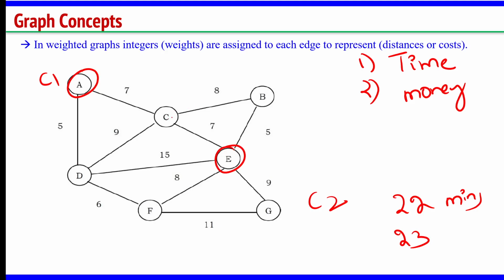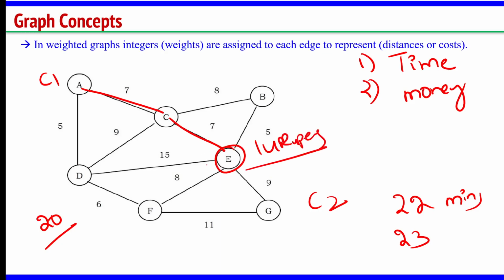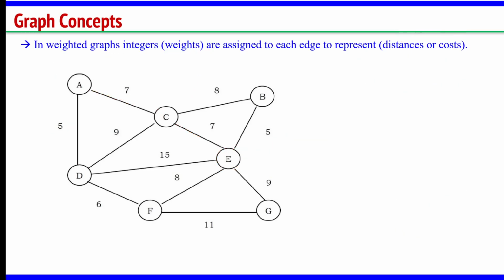How do you reach with less money? So, this is 5 rupees or maybe you can say 500 rupees from A to D. If you take this path and this path, it is 20 rupees, 15 plus 5, right. But if I take this 7 plus 7, it is 14 rupees, right. So, like this, a number on an edge indicates the weight, which can represent either the distance or time or cost, etc. Any graph which contains weights on it is called a weighted graph.